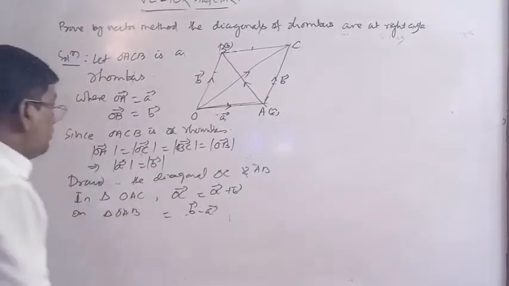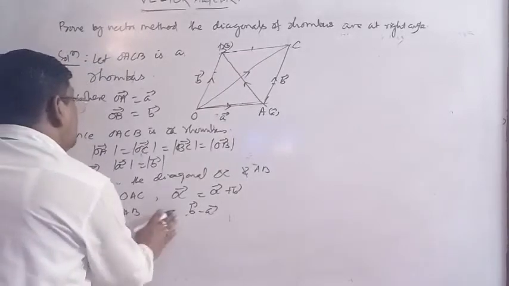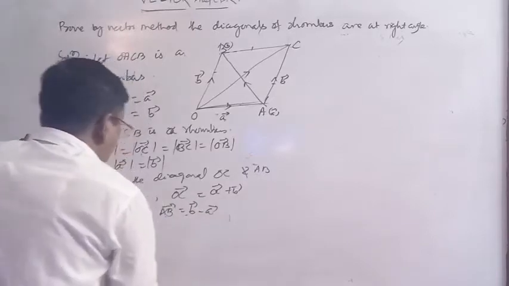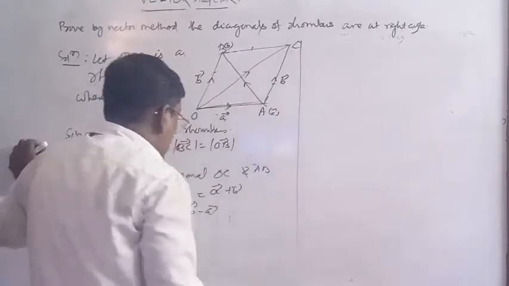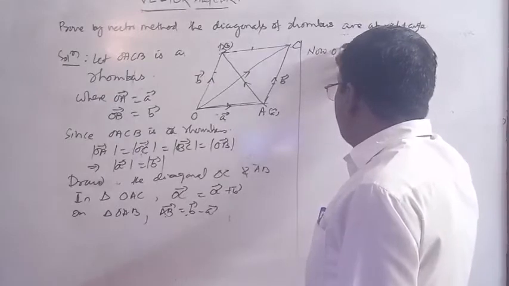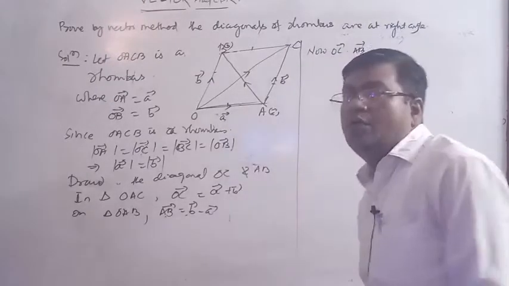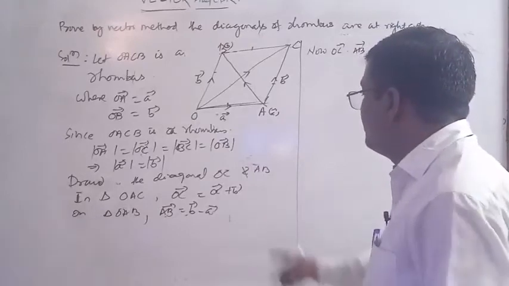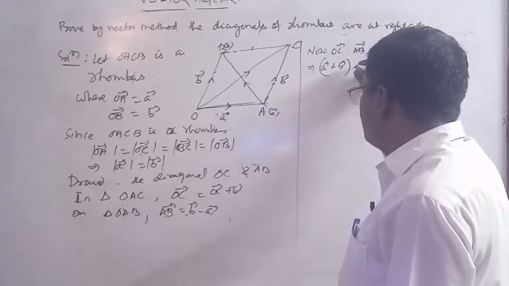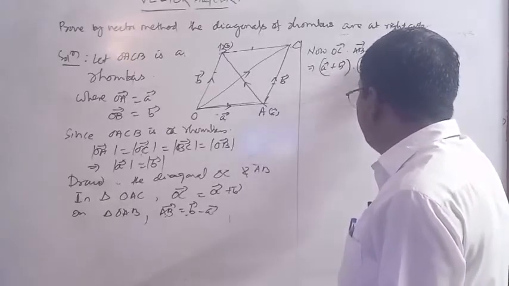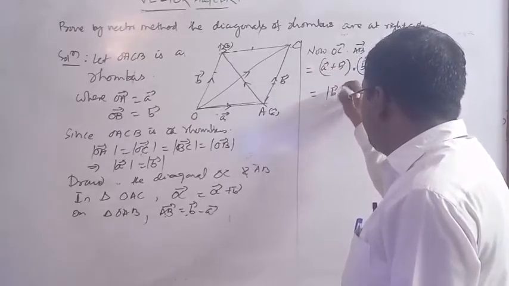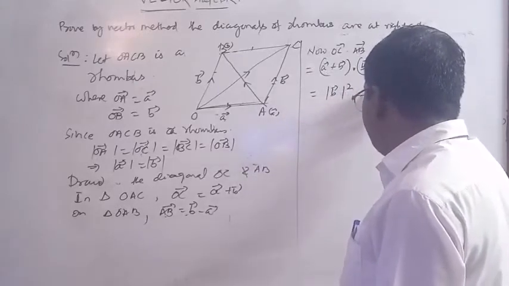Now we have to prove OC dot AB. OC means vector A plus B, dot B minus A. So this is equal to magnitude of B square minus magnitude of A square.